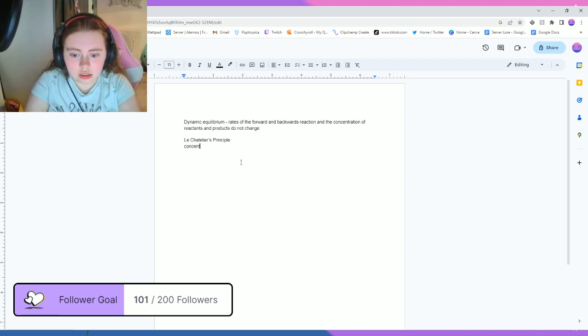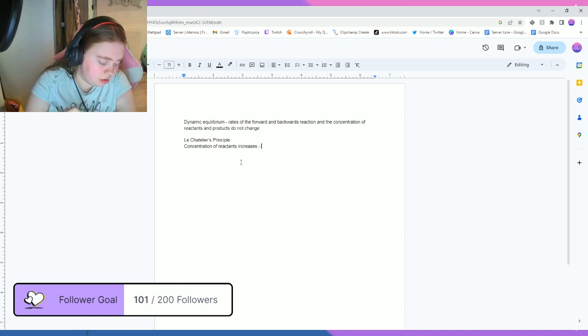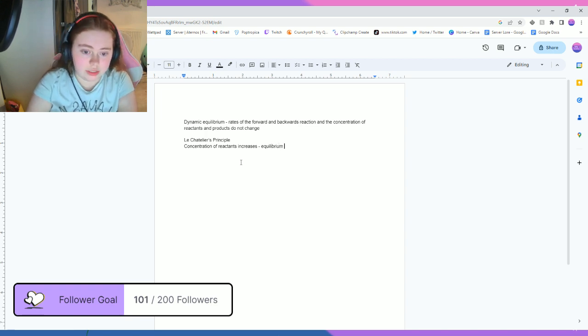So when the concentration of reactants increases, equilibrium will shift to the right. Again, it will shift to the products to make more products.